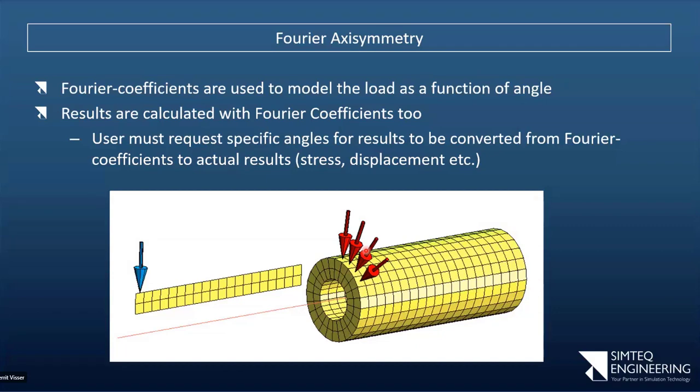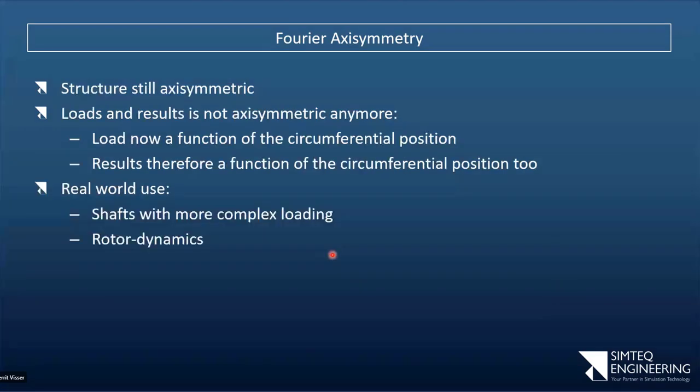So that's not axisymmetry. I can model this using Fourier axisymmetry by applying that load there, but then specify that load as a function of the theta direction. So that being the theta, the circumference direction. So getting back to the previous slide, so the load can be a function of that circumferential position.